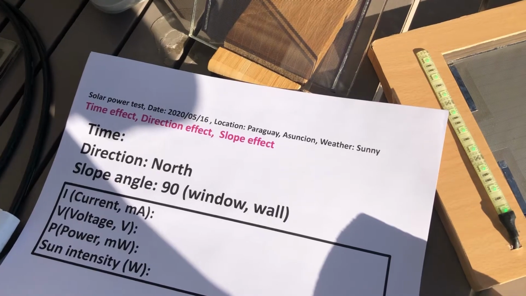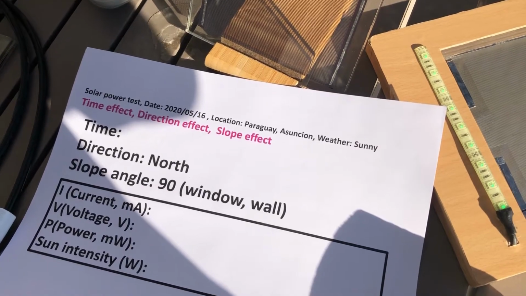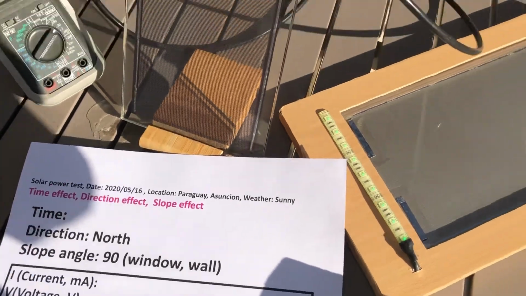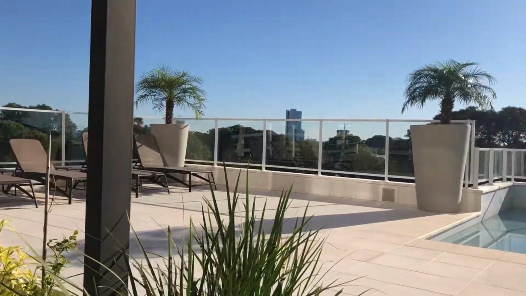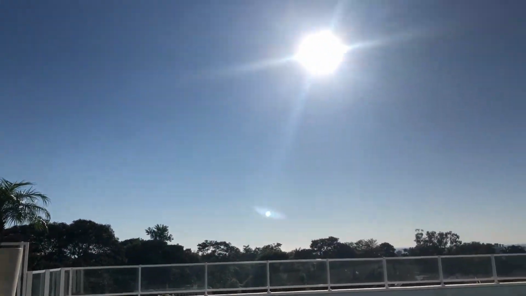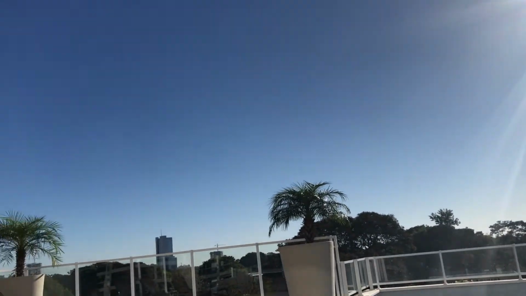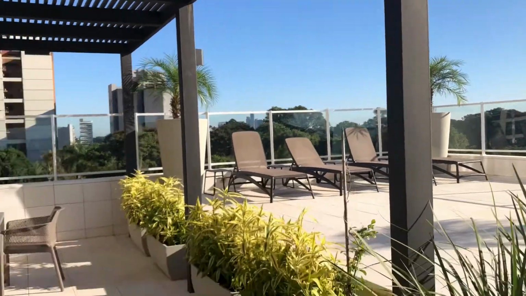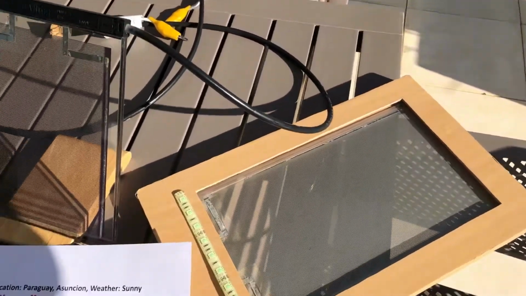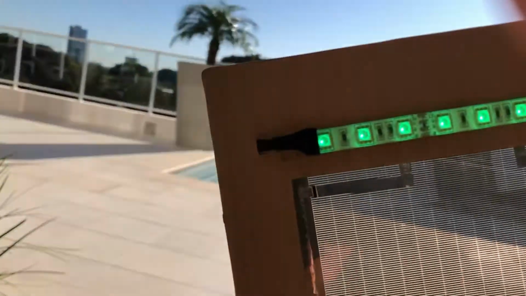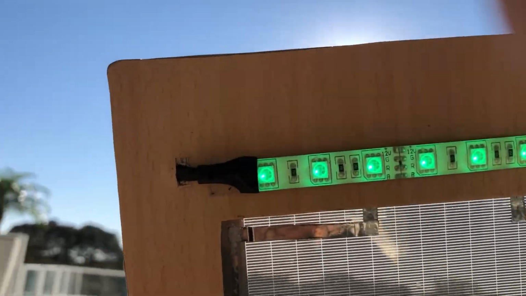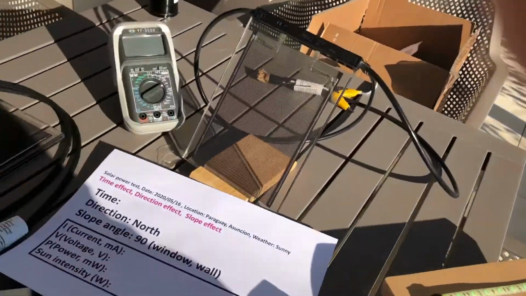The location is Asunción, Paraguay. The weather is sunny, almost no clouds, so it's very good to do the solar power testing. And you can look, the solar power is very strong.